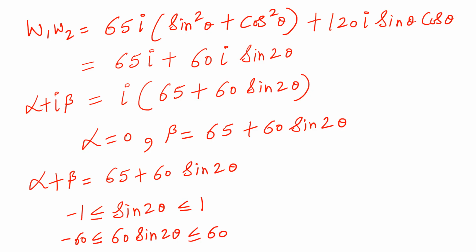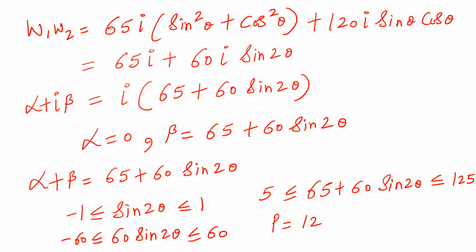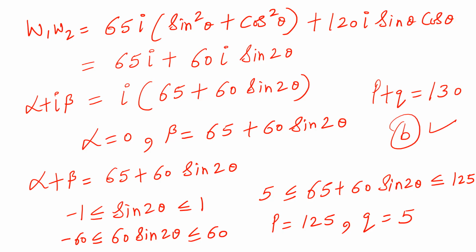So if I add 65 throughout this inequality, then I get 65 + 60 sin 2θ greater than or equal to 5 and less than or equal to 125. So that means the value of P is 125 and value of Q is 5. So that means P + Q is equal to 130. So hence option B is the correct one.